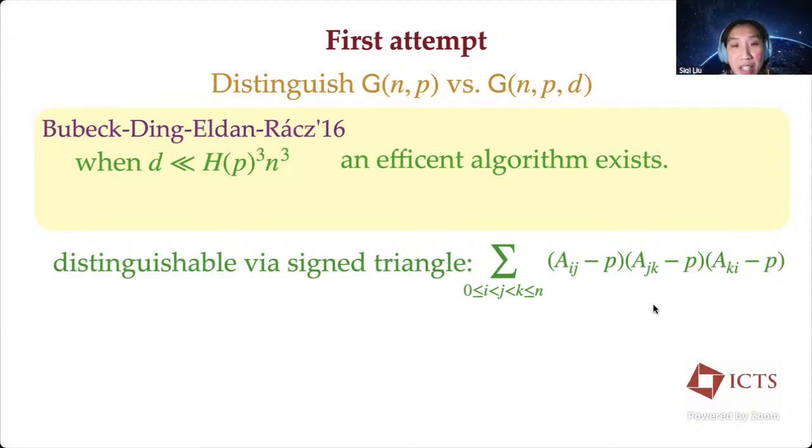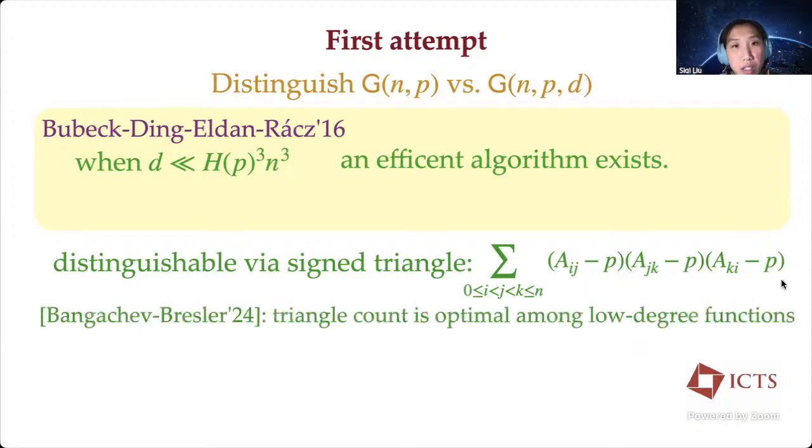Because of that intuition, there would be more triangles in the random geometric graph, and therefore triangle counting is actually a good distinguishing algorithm. And it was later proven by Bangachev and Bresler that triangle count is the optimal low-degree polynomial function that can distinguish between these two random models.